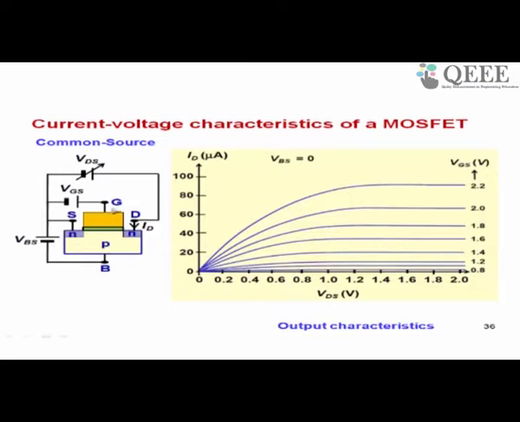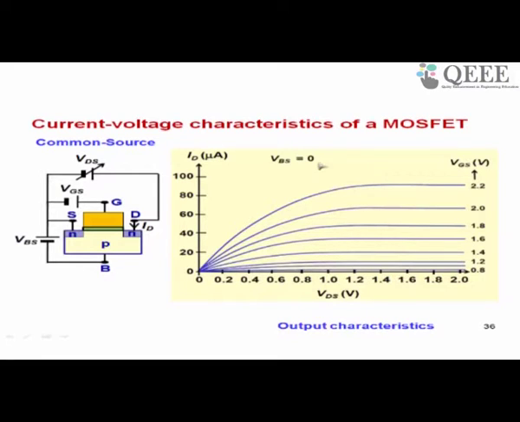Now since MOSFET is a 4-terminal device, whenever we sketch a family of curves, this is called a family of curves because you have a number of curves here, not just one curve. When you sketch a family of curves, you can show 3 quantities, ID, VDS and VGS, whereas this is a 4-terminal device. So I must tell what is the condition of the 4th terminal.